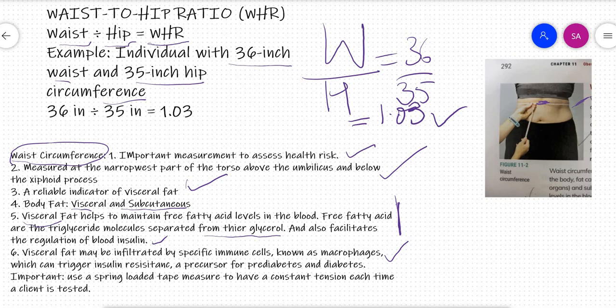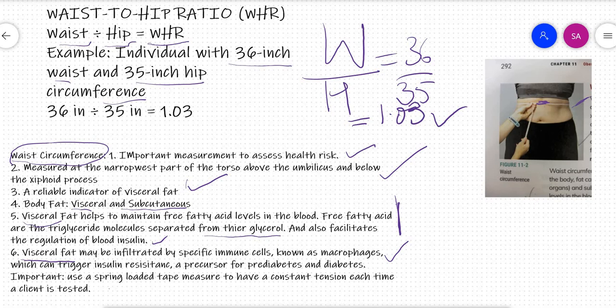Again, this is why it is very important to understand that waist circumference is an important measurement to assess health risk, because if you have more visceral fat, the chances are that a person will have prediabetes and diabetes.